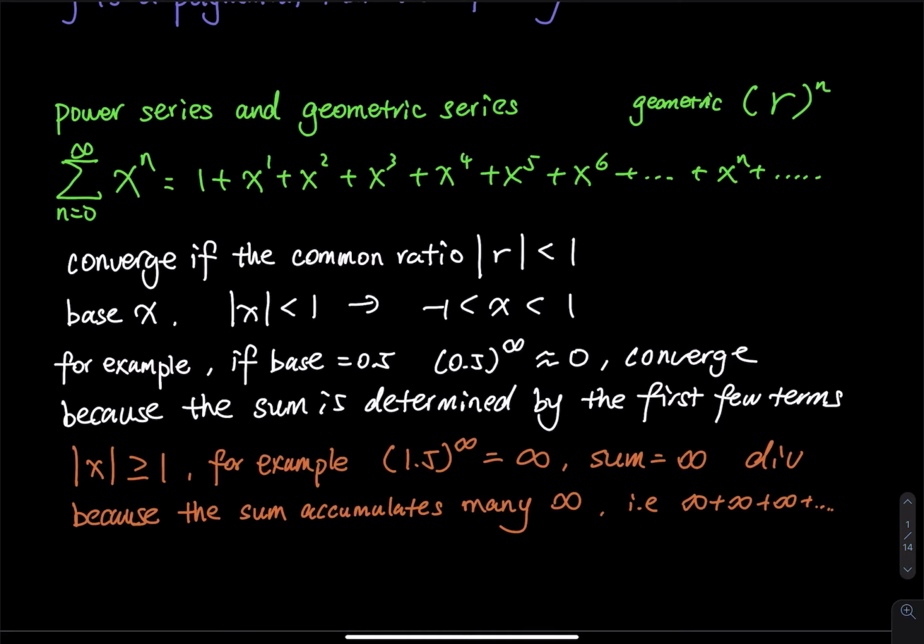So just substitute this language into our power series. We say that the base is x, not r anymore. When the absolute value of x is less than 1, that implies x is between -1 and 1.